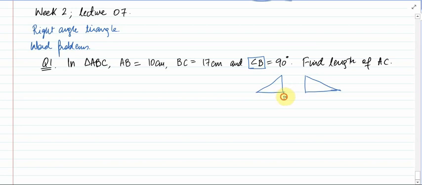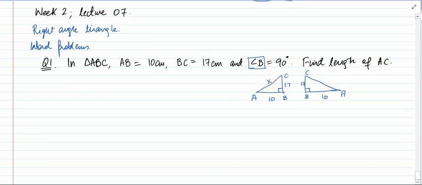So in both the diagrams, B must be at 90 degrees, right? Now AB is 10, so I place A here, AB is 10. In this case AB is 10 and the last one is C, right? And BC is 17. So that is your figure. Whichever side you plot the figure on, both are the same. So we need to find the value of AC.